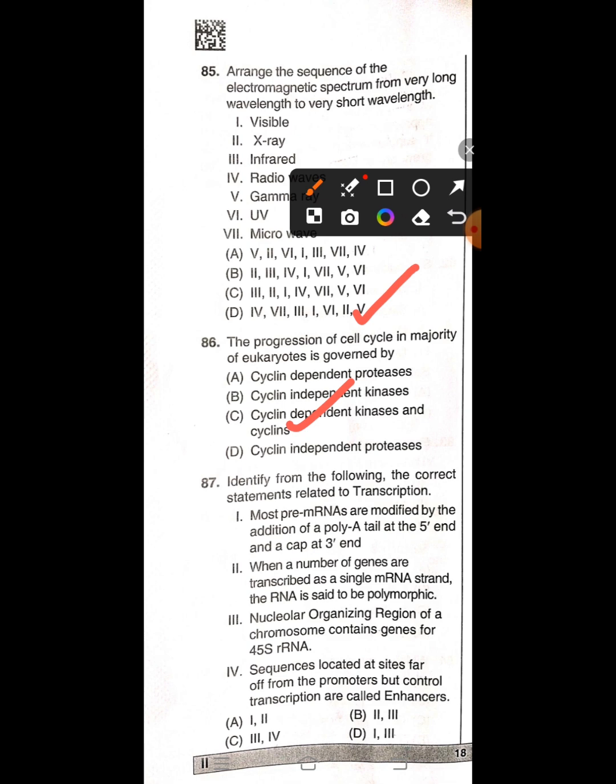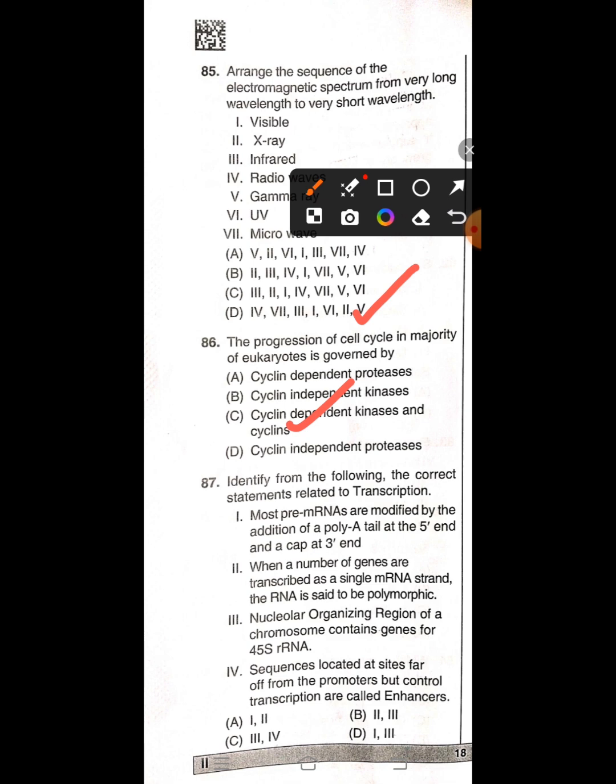When a number of genes are transcribed as a single mRNA strand, the RNA is said to be polycistronic. The nucleolar organizing region of a chromosome contains genes for 45S rRNA. Sequences located at sites far off from the promoters but controlling transcription are called enhancers.